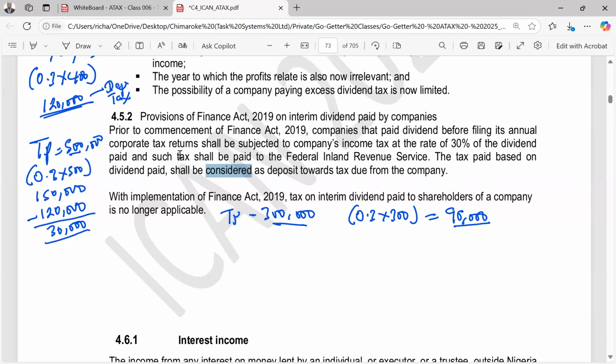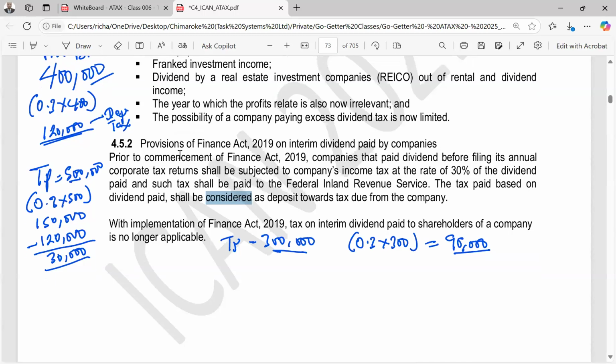So this tax you collect here is not going to be done that way again, considering Finance Act 2019. What they do here is that you're only being charged on your total profits. You are not being charged tax on your dividend, except if that dividend is not exempt from tax.